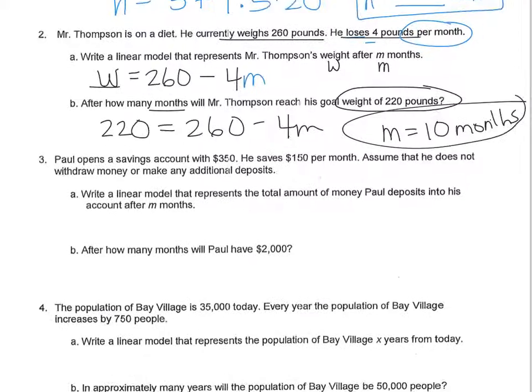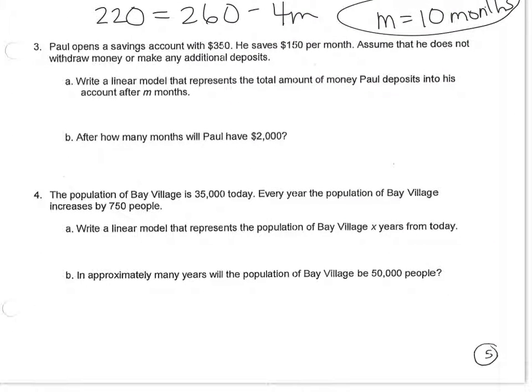Okay, number 3. Paul opens a savings account with $350. He saves $150 per month. Assume that he does not withdraw any money, take any money out, or make any additional deposits, put money in.